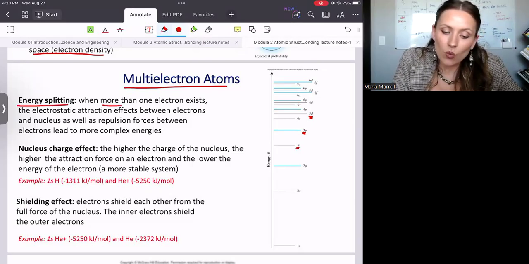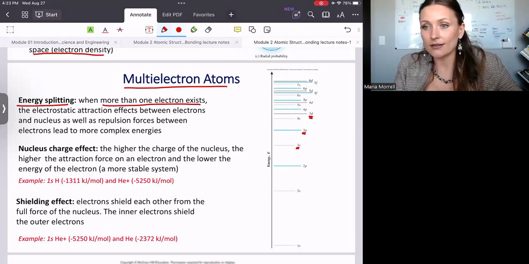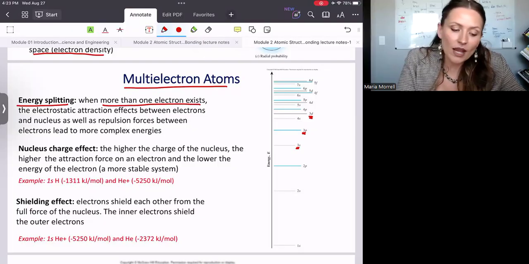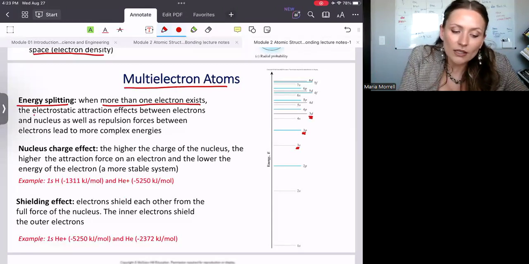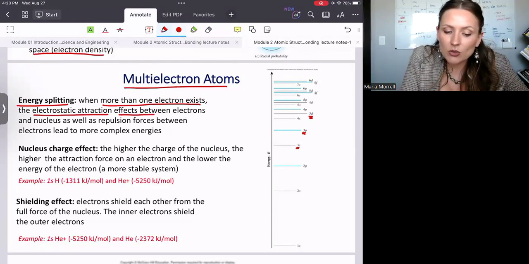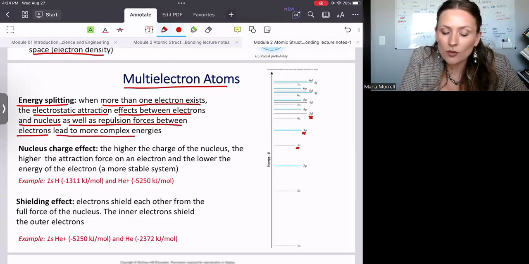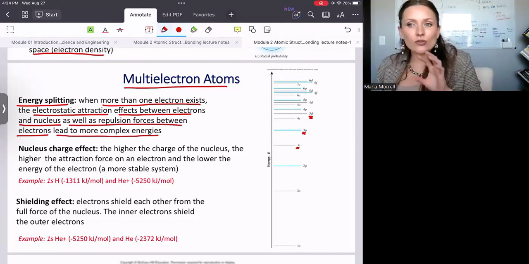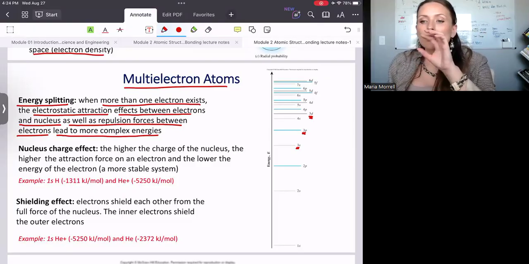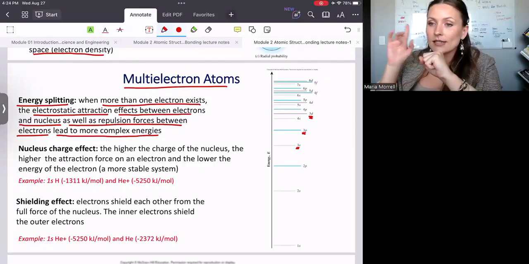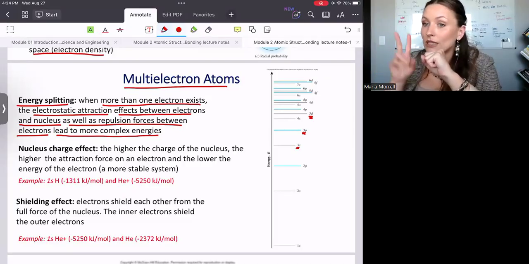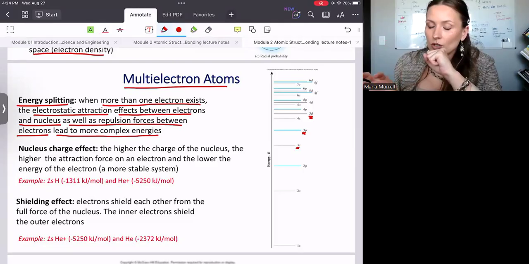It happens when more than one electron exists, and again, that is every element except hydrogen. Why does the energy split? Well, the electrostatic attraction between electrons and the nucleus, as well as repulsion forces between electrons, lead to more complex energies. I want you to envision it for a second. You have a nucleus which is positively charged, and then you have a bunch of electrons, right? This is in multi-electron atoms, or even two. You need at least two for the energy splitting to occur.